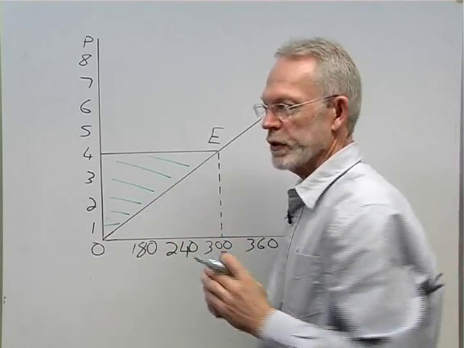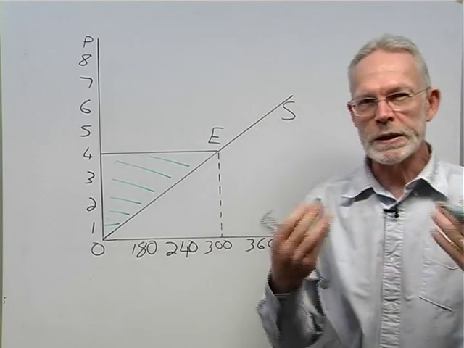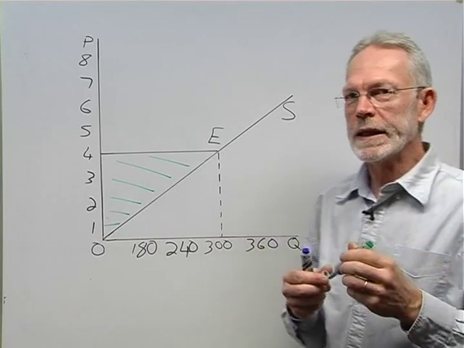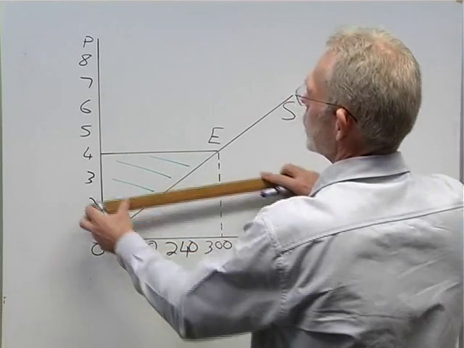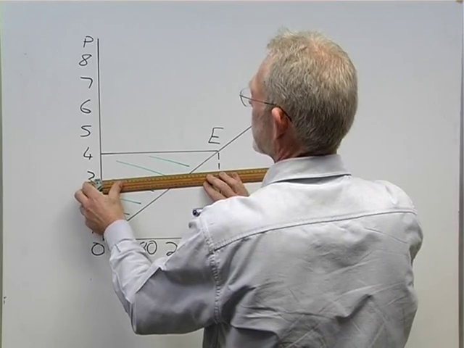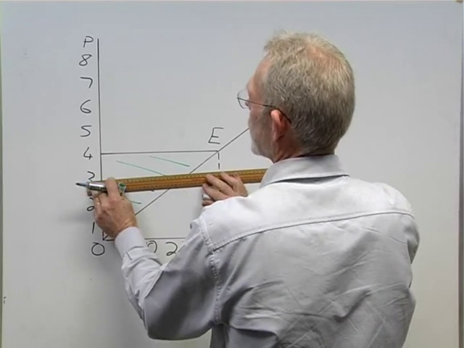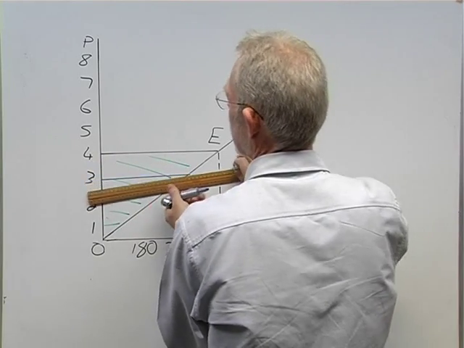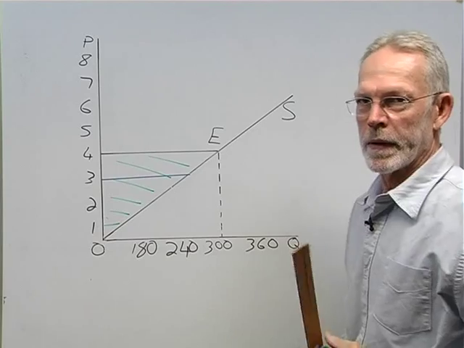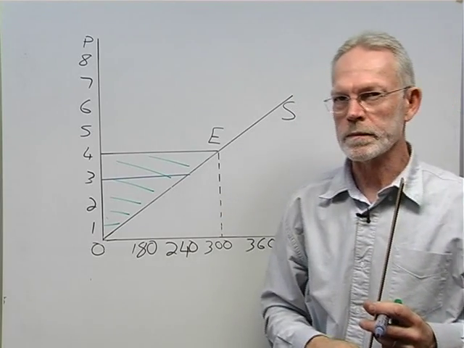That is producer surplus. The question now is, what will happen if there's a decrease in price? Let's assume the price decreases to 3 Rand. What is the effect on producer surplus? If the price decreases to 3 Rand, two things happen.